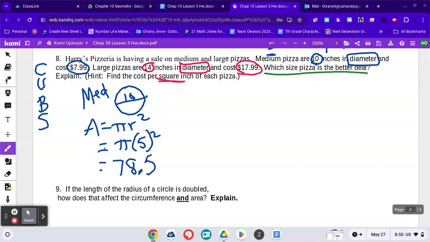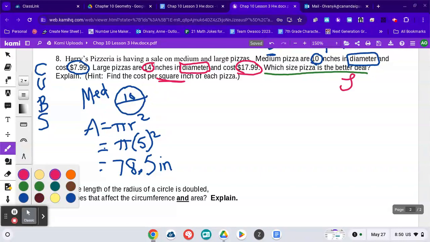78.5 square inches. Awesome. All right, now I'm going to do my large pizza over here. That one is 14 inches in diameter. So I'm going to need the area because I need to know how many square inches. Pi r squared.